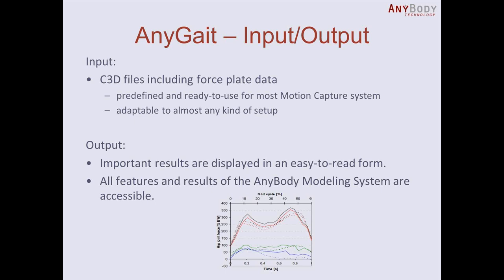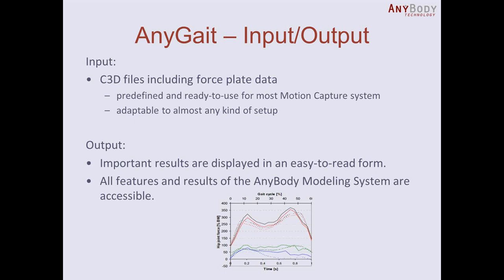As output, the important results are displayed in an easy-to-read form. However, AnyGait is running inside the AnyBody modeling system, so all features and results that are usually displayed in the AnyBody modeling system are also available in AnyGait.